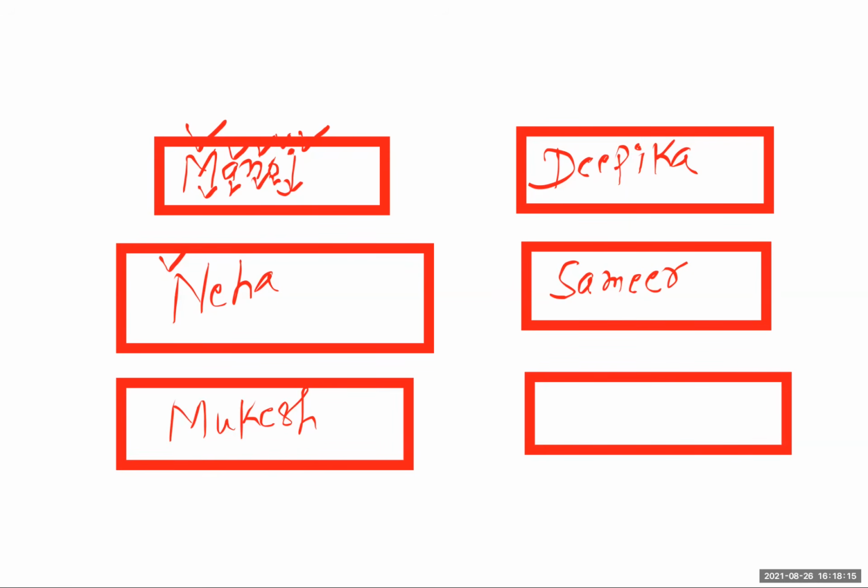Next name we are writing here. This one, try. N is N, A, Air, A, S.